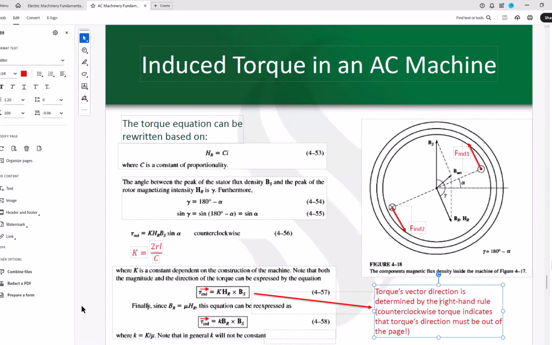So when you put your thumb out of the page, your other four fingers would show a direction which goes from BR to BS in the smallest possible angle. So that's how you can also determine that your tau induced is causing a counterclockwise rotation. So we wrote the relationship between tau, BR, and BS.